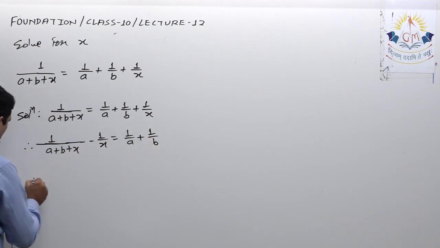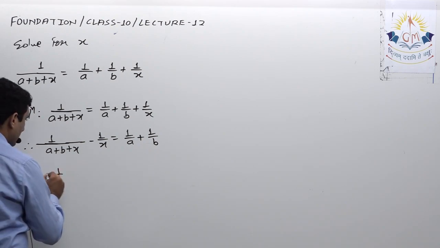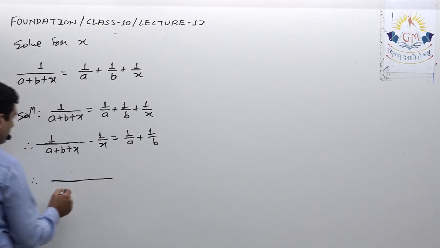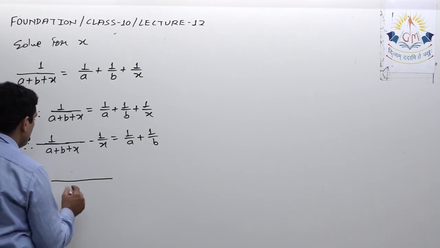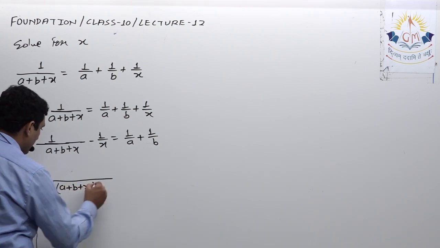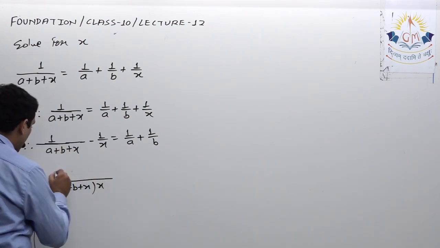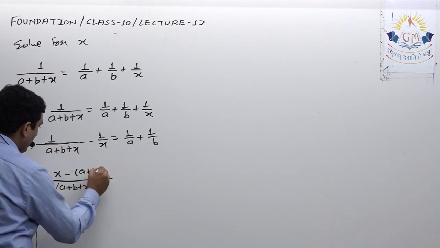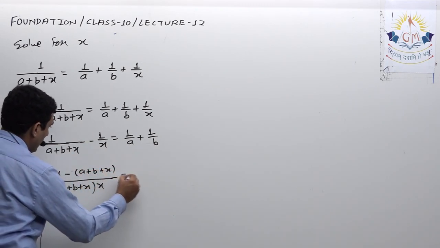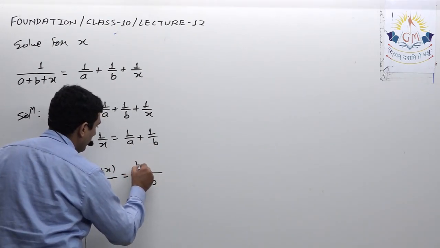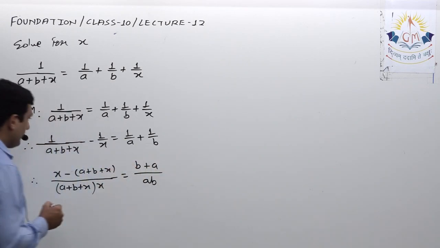Therefore here if I take LCM, that will be x into a plus b plus x. Here I get x minus a plus b plus x is equal to, over here if I take LCM, this will be ab, over here it is b plus a.